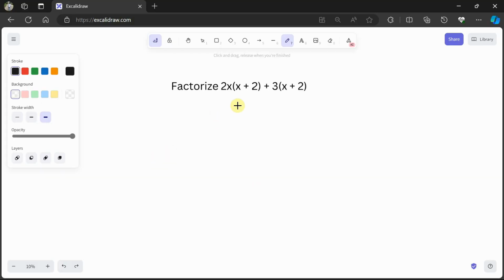Remember our first method. We said if we had a plus b multiplying c plus d, that we could repeat the first guy, which is c plus d, and c plus d, and then spread over the first guy, which is a then plus b. Remember when we did this? So the same thing applies here. You have x plus 2, x plus 2. So let's say that is the second guy, x plus 2.